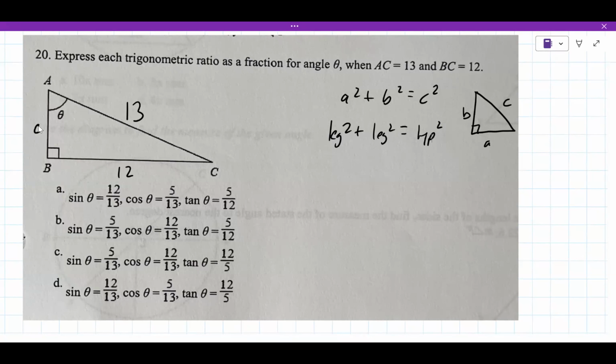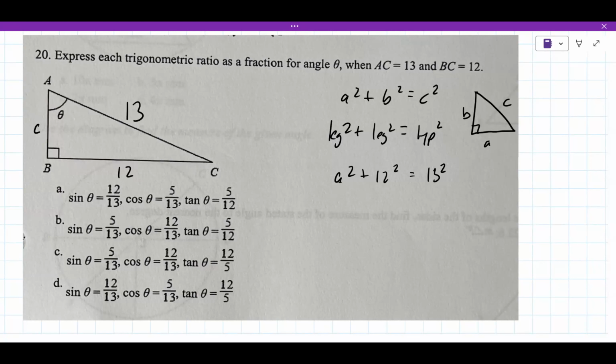And then in order to find a squared, I would first figure out what they are squared. So 12 squared is 144. Then a squared plus 144, and 13 squared is 169.